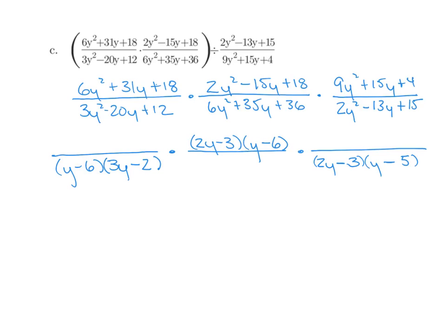So now where do I want to start? For me personally, the easiest one I see to factor is the 9y squared plus 15y plus 4. So that's what I'm going to start with. So 9y squared breaks down to, I think it's going to be 3y and 3y. Things that multiply to 4, we have 1 and 4, 2 and 2.